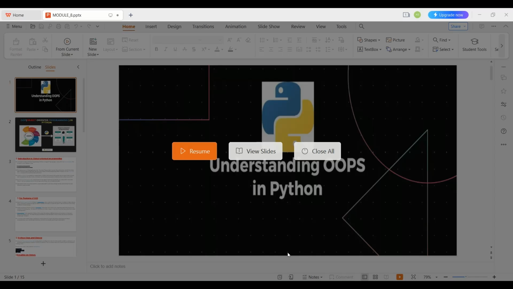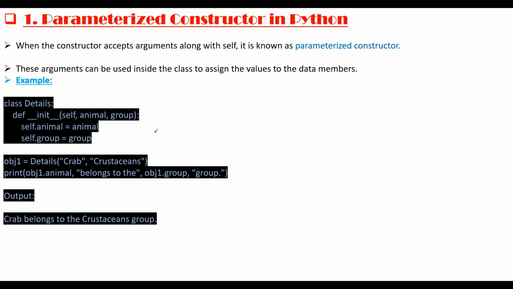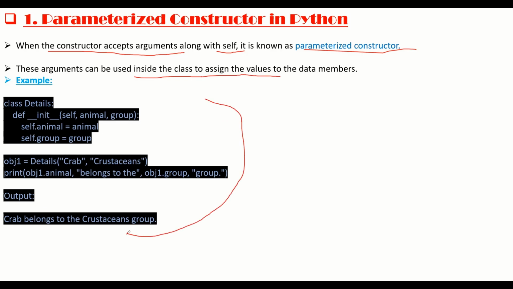Okay guys, so move to our topic. So this is parameterized constructor in Python. When the constructor accepts an argument along with self, it is known as parameterized constructor. These arguments can be used inside the class to assign the values to the data members. And this is our code.